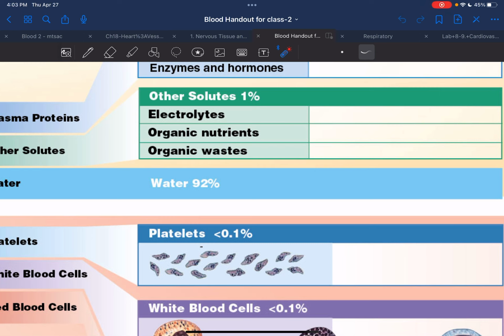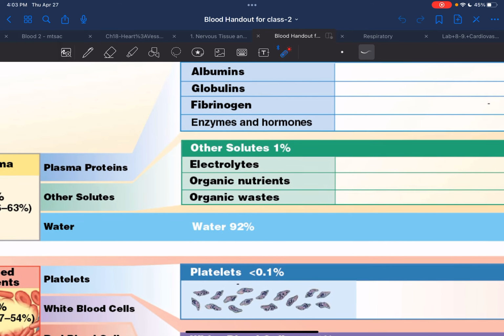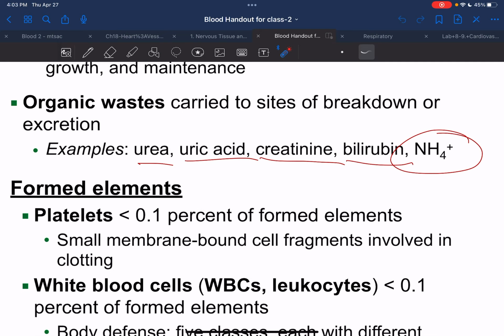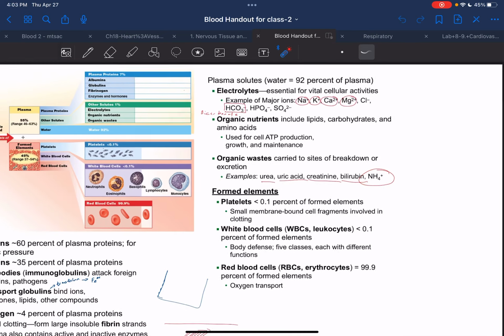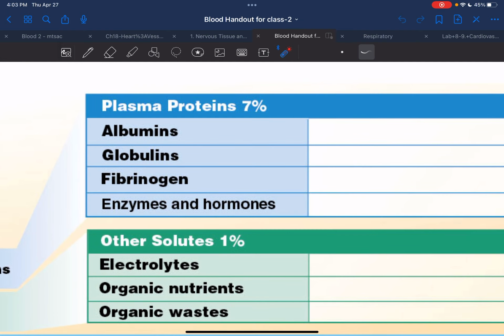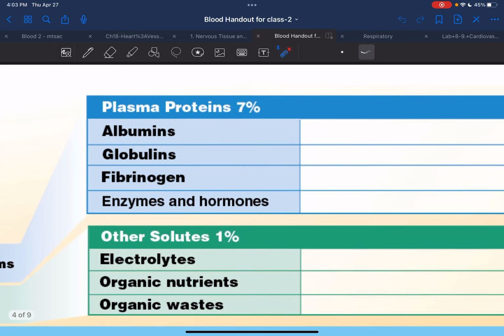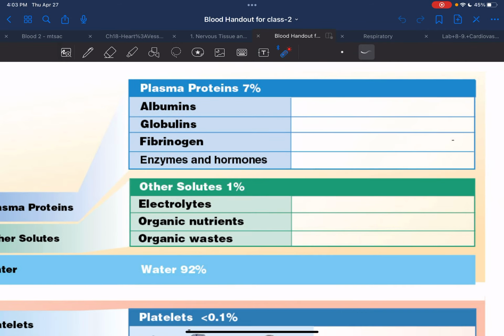Carbohydrates, proteins, lipids, and nucleic acids, right? Organic nutrients. And what's an example? And know examples of our organic wastes, right? I forget that the notes already show it. And here, the plasma proteins, make sure that we know all our plasma proteins and their functions.